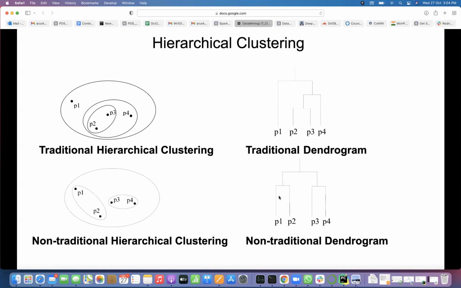But they both have the same supercluster here. That is okay. But whenever a pair is given, you may not be able to say which one is the supercluster and which is the subcluster. That is the non-traditional dendrogram. In the traditional dendrogram, whenever a pair is given, you should be able to say which one is the supercluster and which is the subcluster.